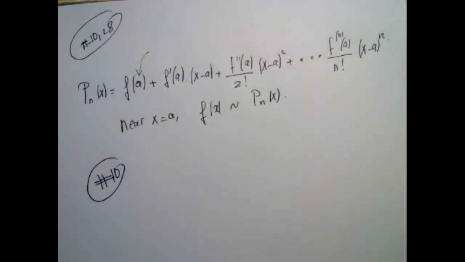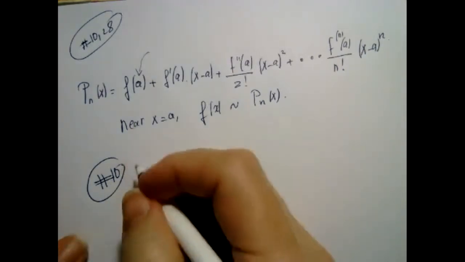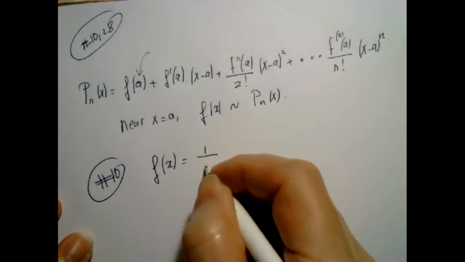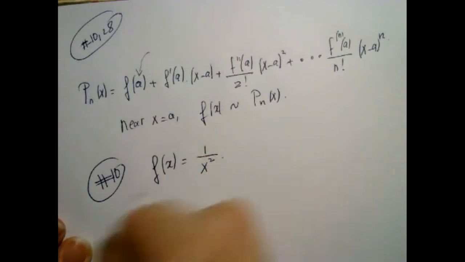So number 10. We have the following function, f of x equal 1 over x squared.